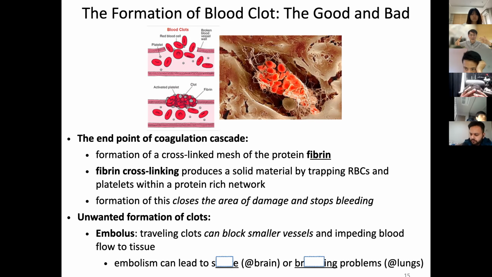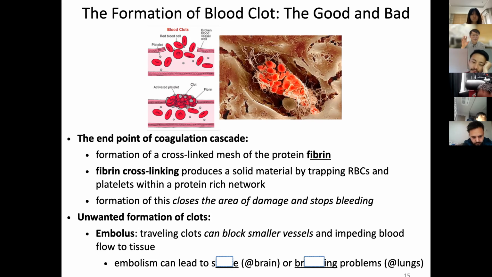We have to block this leakage of blood because there's a breakage of a blood vessel. So the platelets become activated first, and then the coagulation cascade forms a solid clot, which will block this leakage.